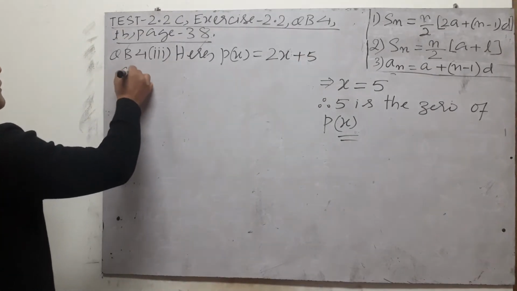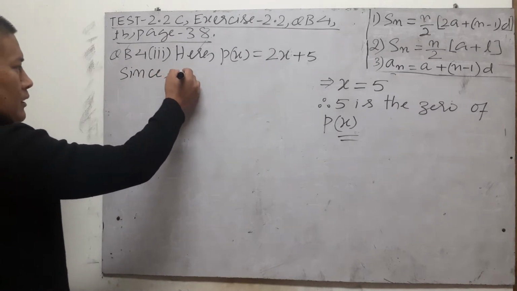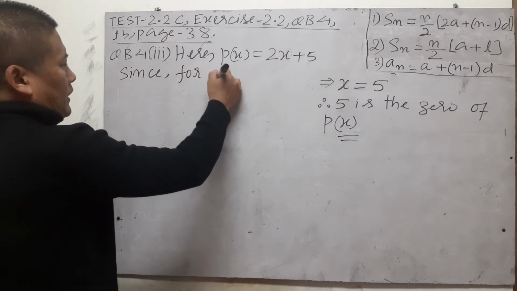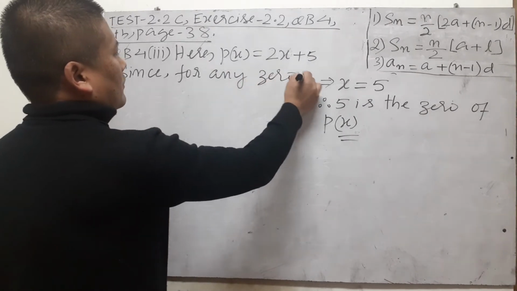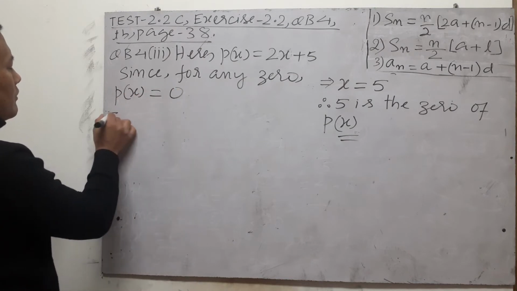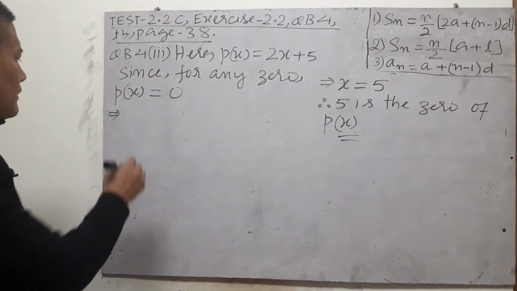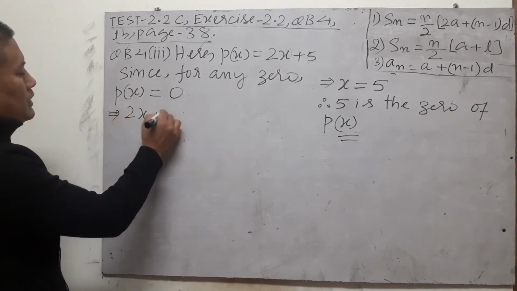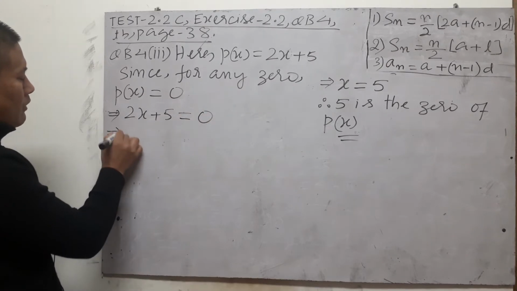So since we know this is the basis on which we're going to do this, for any value of x, or any zero, the polynomial p of x will be equal to 0. So that implies p of x, which has a value of 2x plus 5, so the 2x plus 5 will replace the p of x, equal to the right side, same 0.